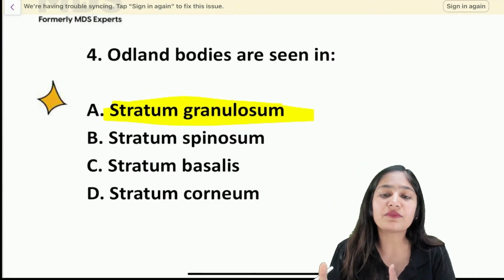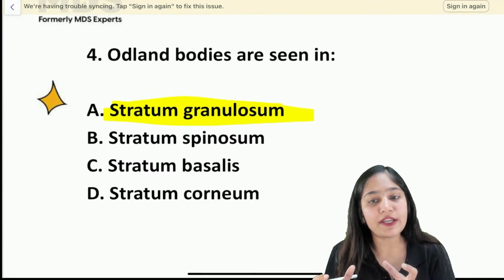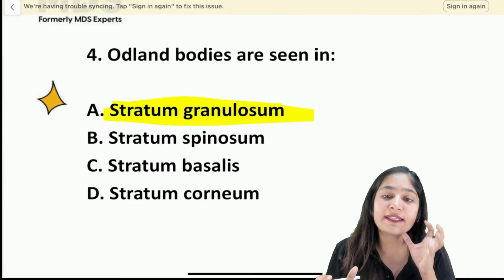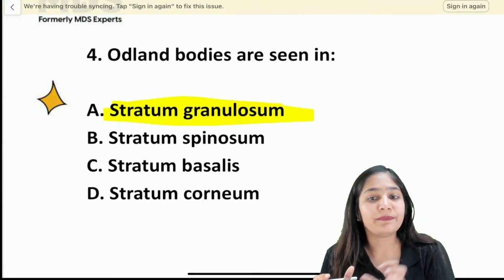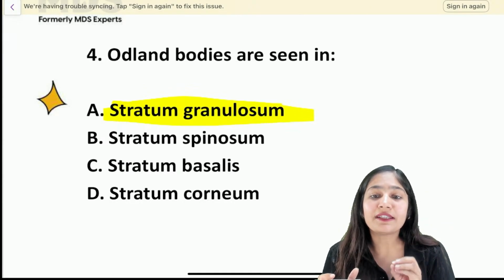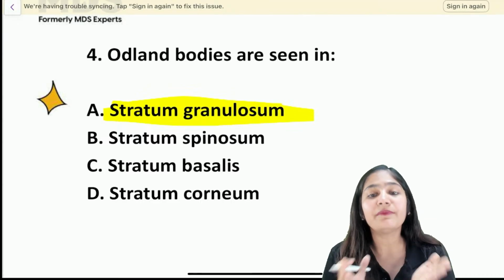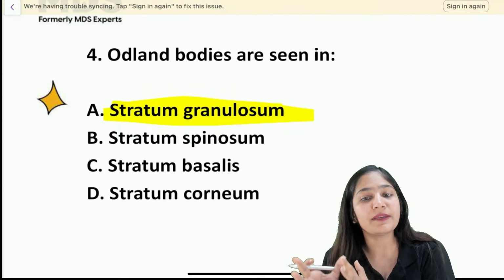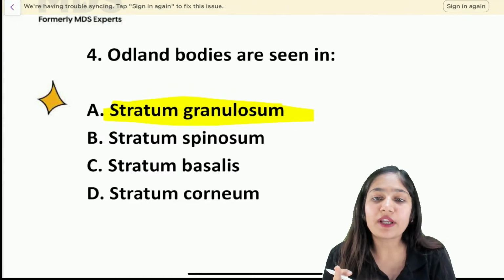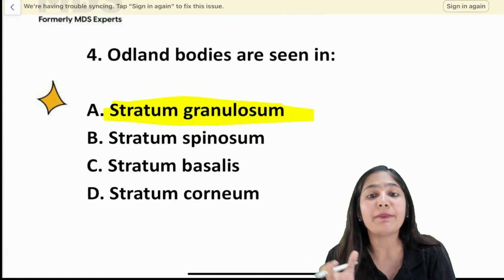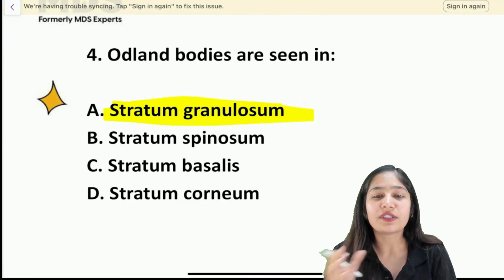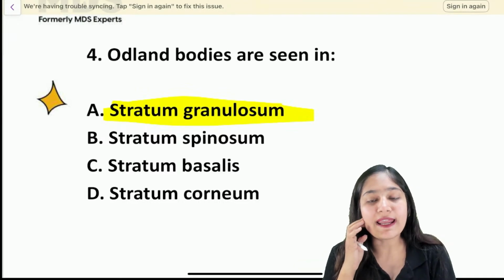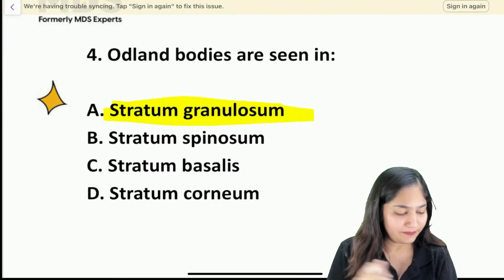Stratum granulosum is so called because of the presence of the granules. Because of the presence of these keratohyaline granules, they are the prominent feature of stratum granulosum. And Odland bodies are permeability barriers. They are membrane-bound granules. So this is the main difference between the Odland bodies and keratohyaline granules.